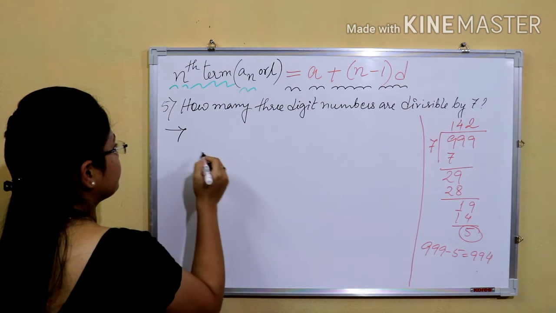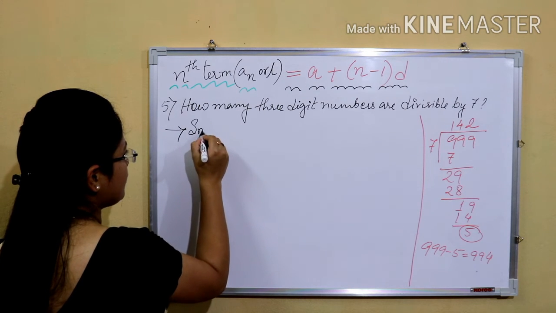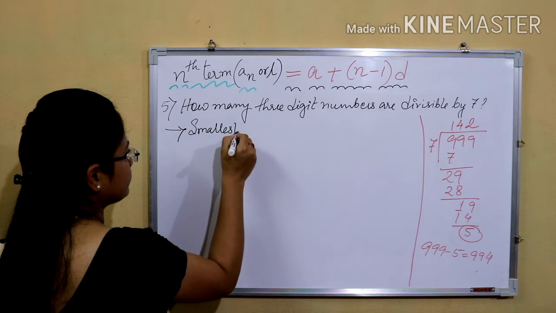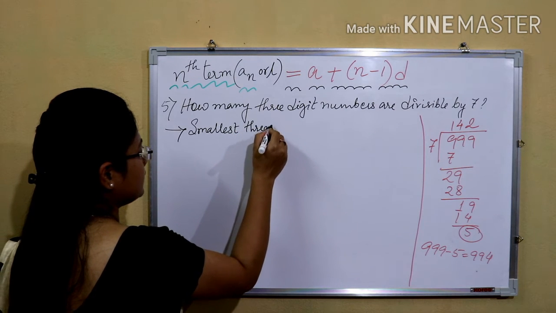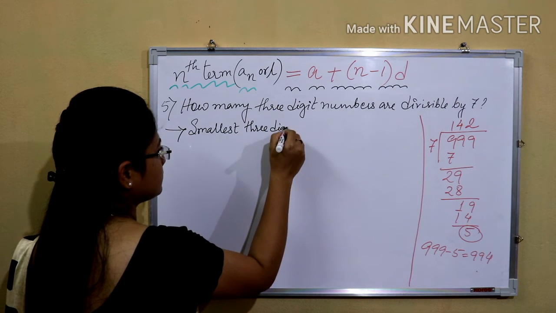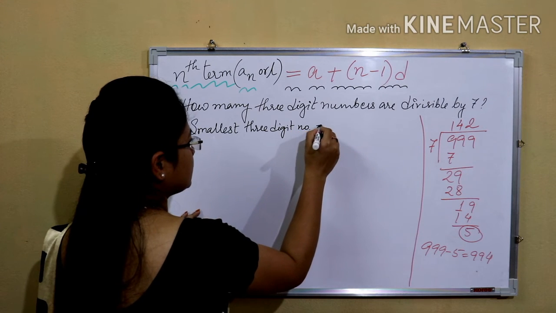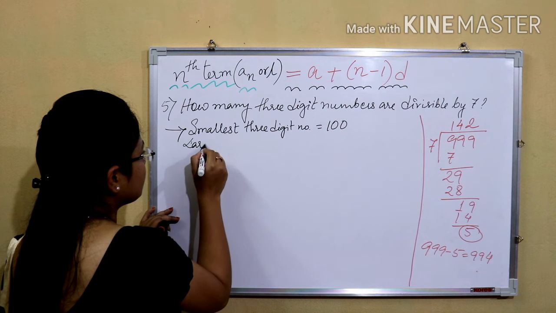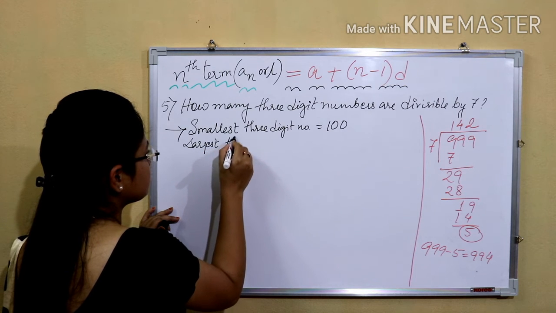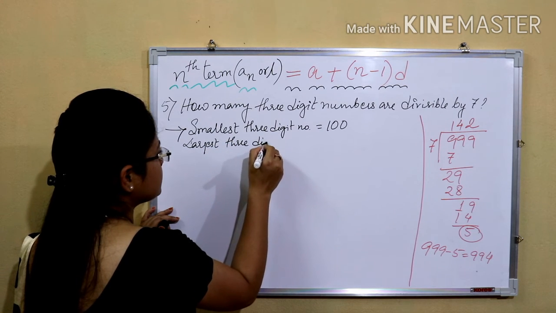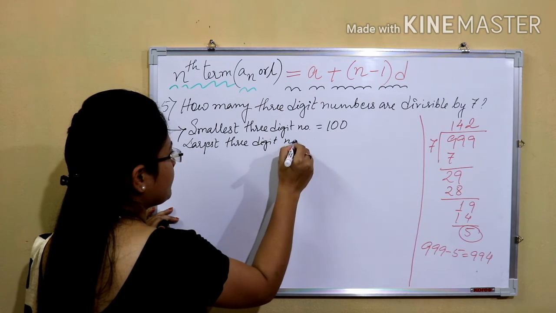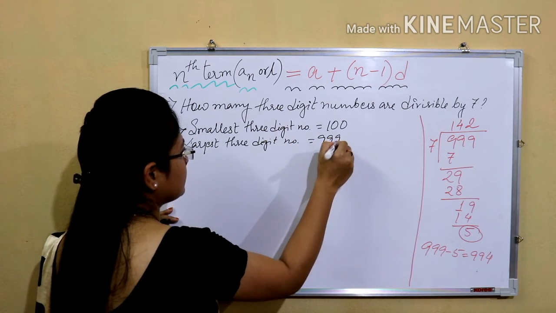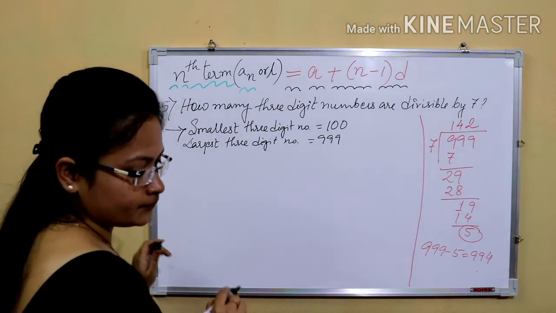As we know, the smallest 3-digit number is 100 and the largest is 999.